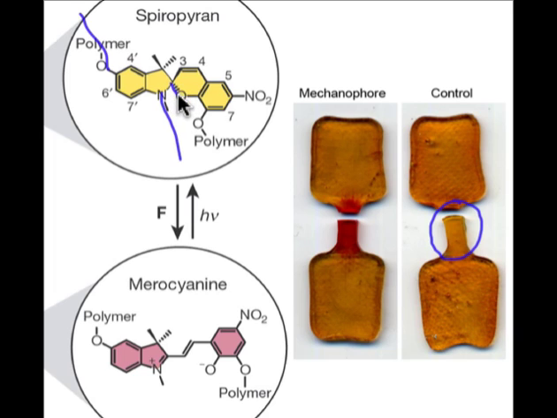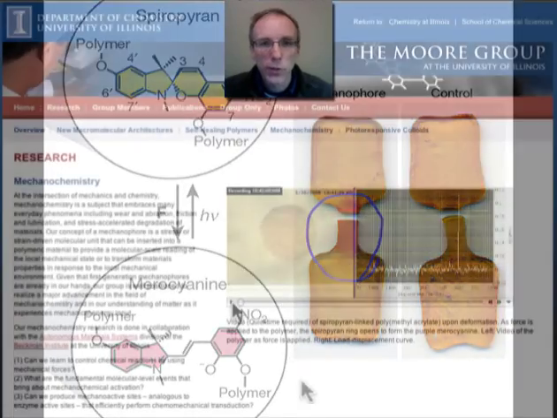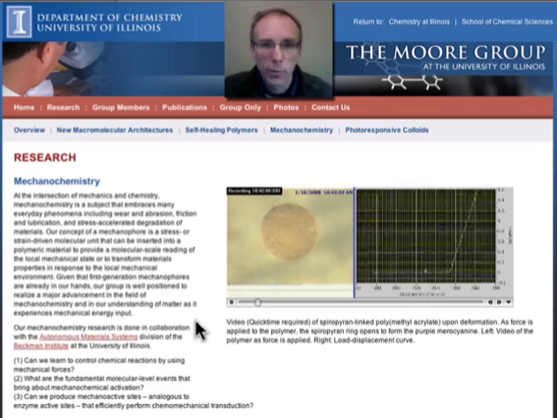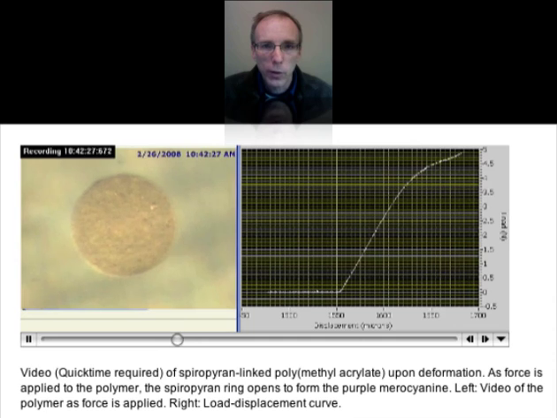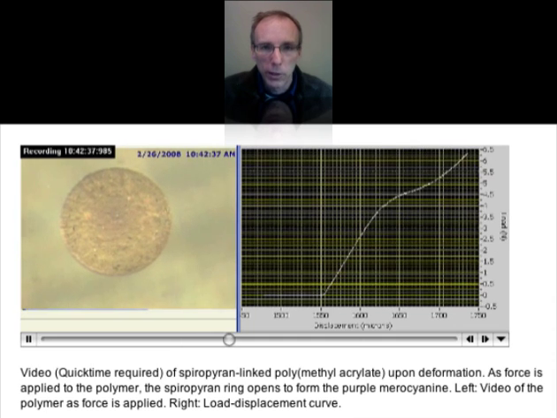It has to be properly linked so that the force can be passed through that carbon-oxygen bond. And now we have a mechanosensitive unit that will tell us if there has been force applied to these polymer molecules. I hope you can see from these examples that there's some very interesting chemistry that one can do in designing materials with these electrocyclic ring opening reactions.